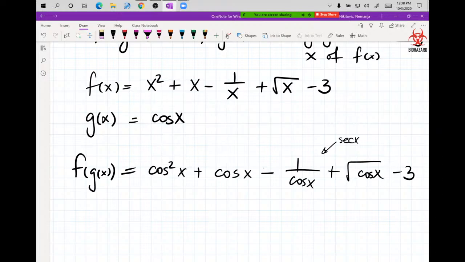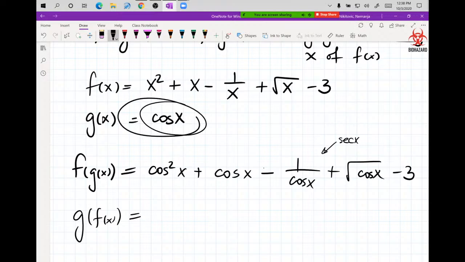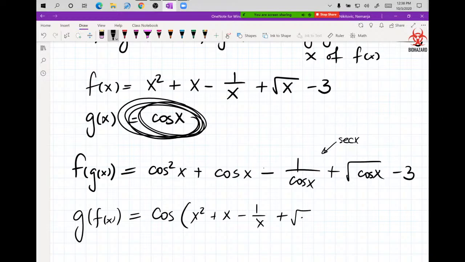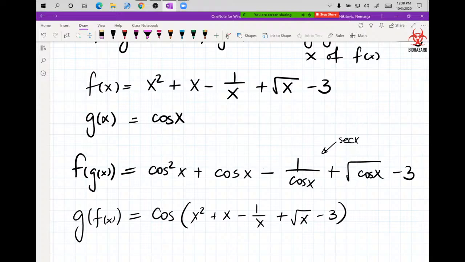Now we can have this backwards as well. We can have g of f of x, in which case this is the boss function, and the upper function plugs in, so it will be cosine of x squared plus x minus 1 over x plus root x minus 3. And that's if you go at it from the other angle.